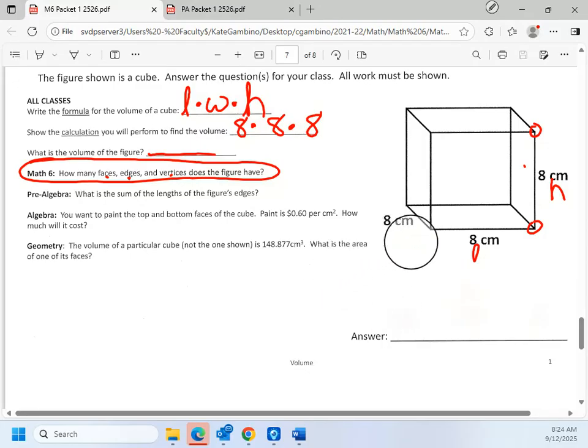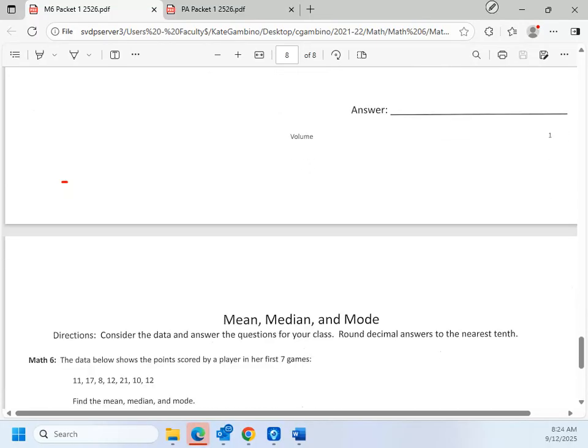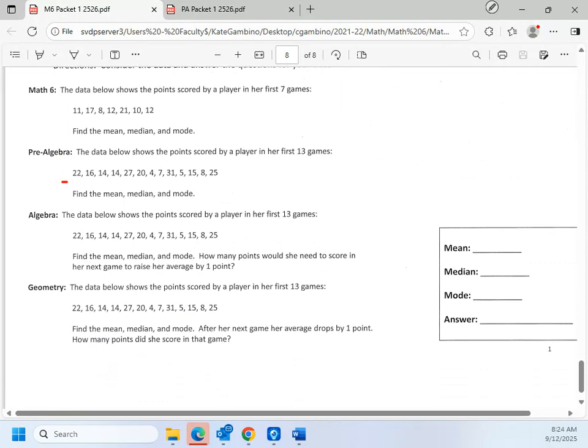Let's look at our last one real quick. I think we just have one more. Mean, median, and mode. We've gone over this. First thing you do is you put your numbers in order, least to greatest. The mean, you add all the numbers up, divide it by how many there are.